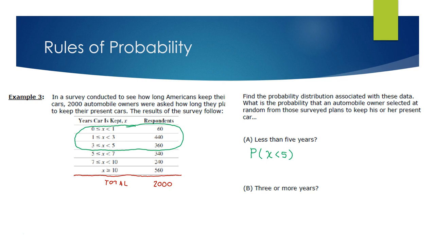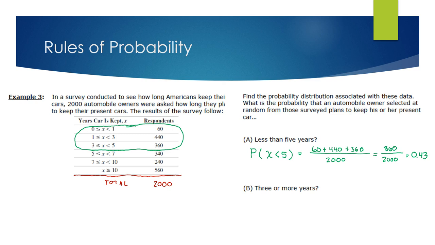I could say less than 5 and make that a subgroup, but that's a subset, a grouping of 3 of these. So I'm just going to total the 60, the 440, and the 360, and take that out of 2,000, and that gives me 0.43. So about 43% of the respondents say they plan on keeping their car less than 5 years.